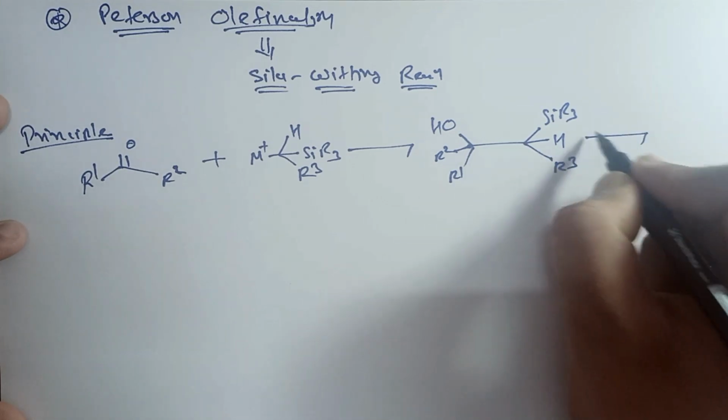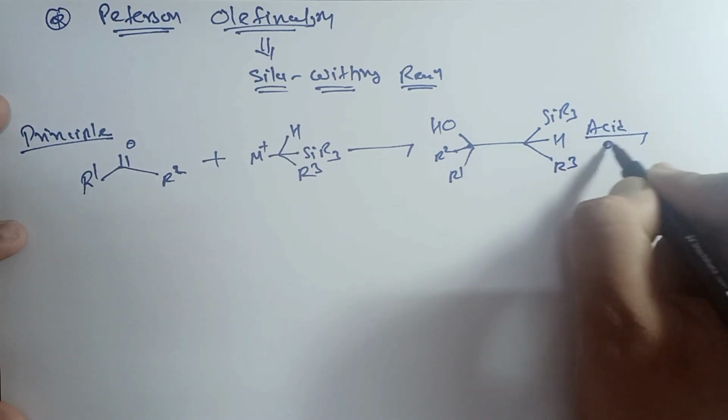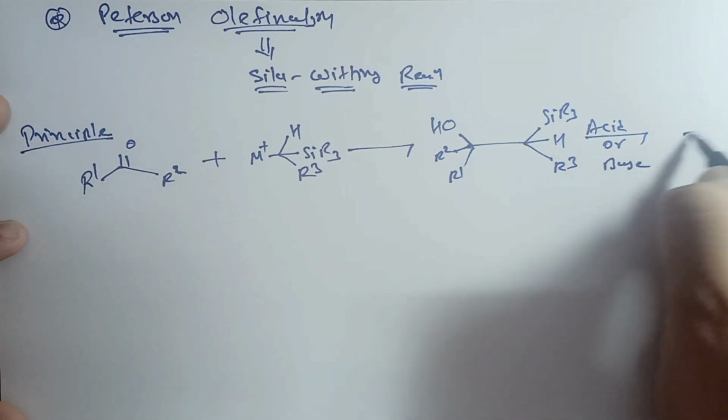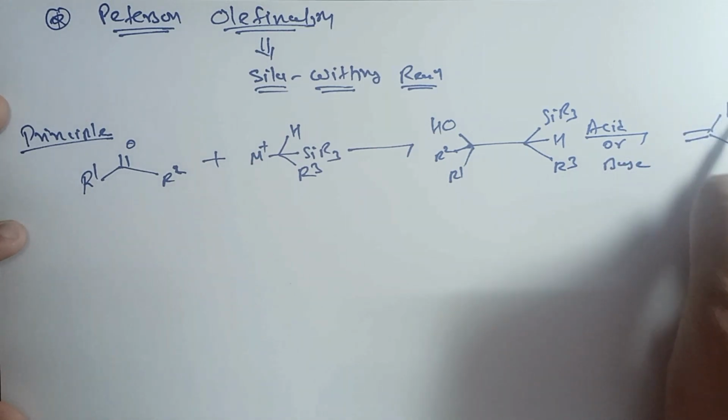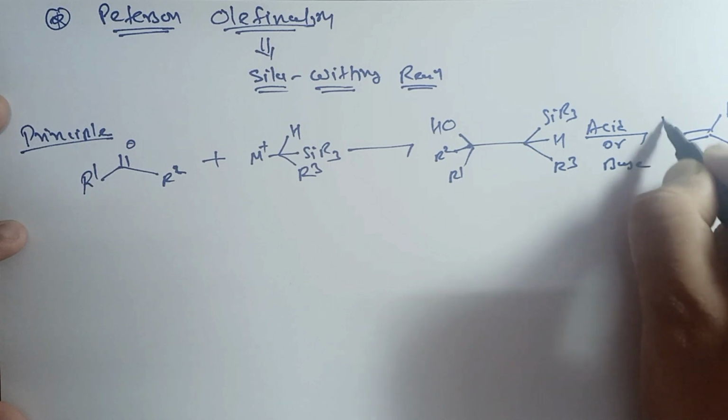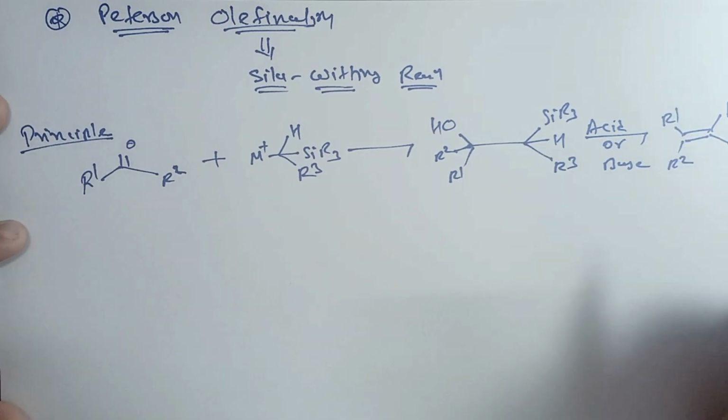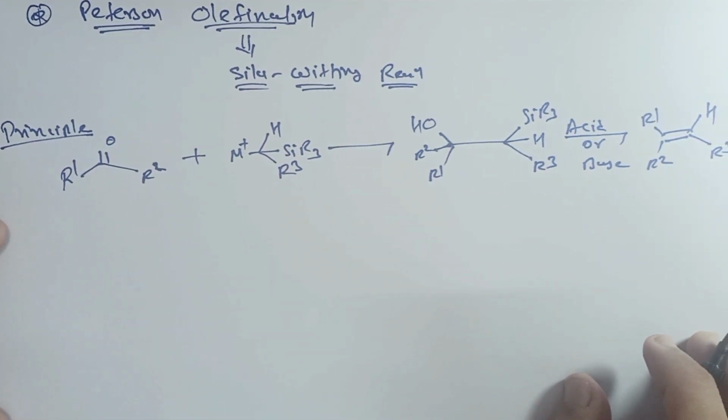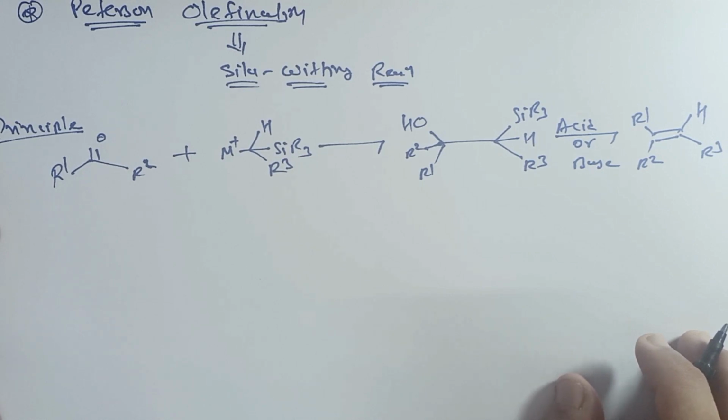Now in the presence of acid or base, it will produce an olefin, with H, R3, R1 and R2. That is how the olefin derivative is produced.